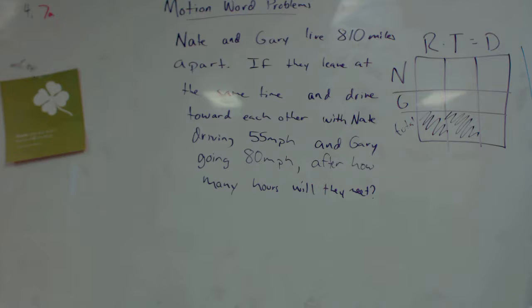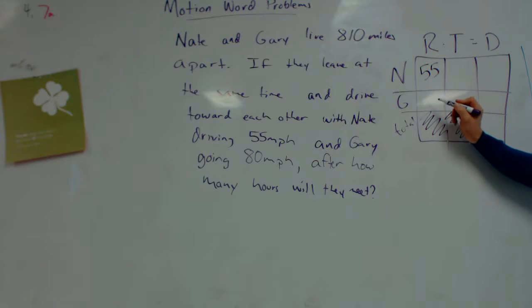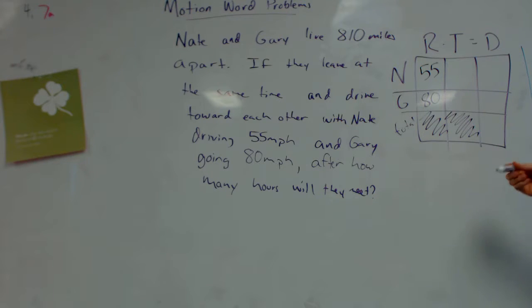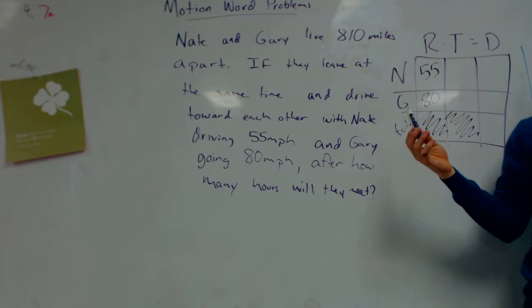So what kind of information on here do you see that might help us fill in this chart? Okay, so where would that go? Okay, so what would I write here? 55. Nate is going 55. Gary's going 80. And I'm noticing as I'm doing this, okay, miles per hour, miles. I have all the same units, right?